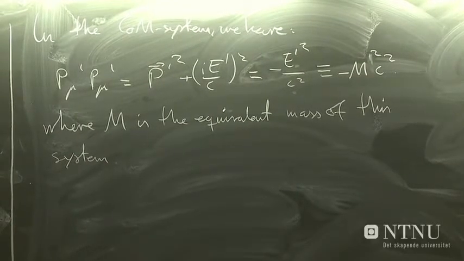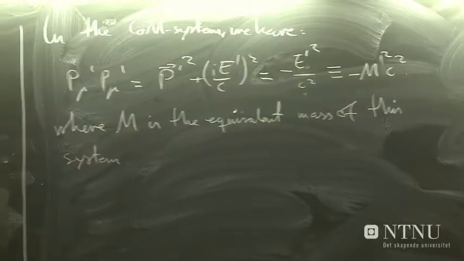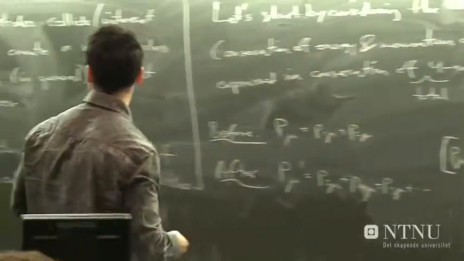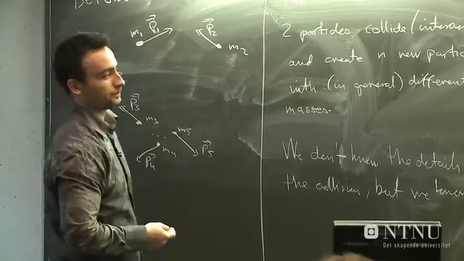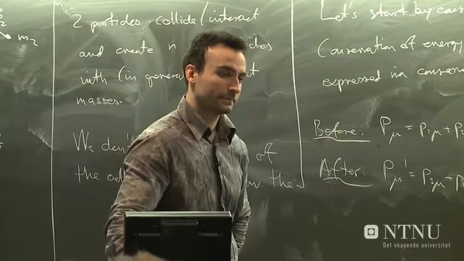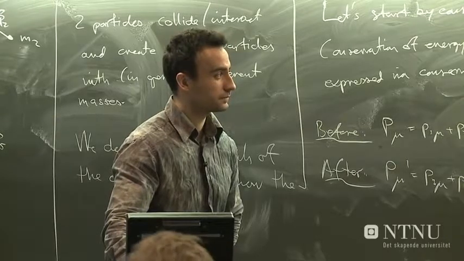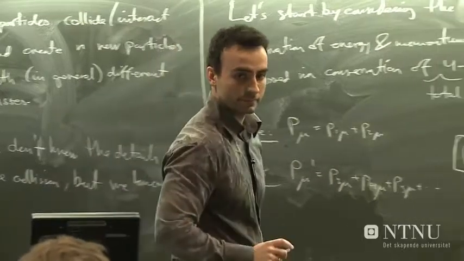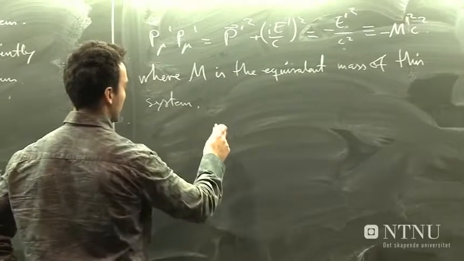Can we say something about this m, which I've called the equivalent mass of the system? Or more precisely, can we say something about large M in terms of the masses of these particles? So let me try to make a statement here.